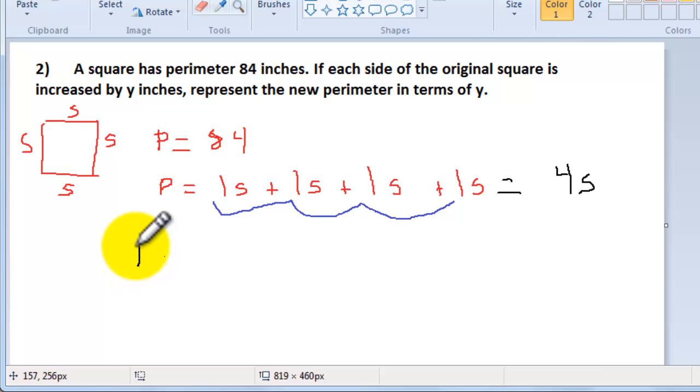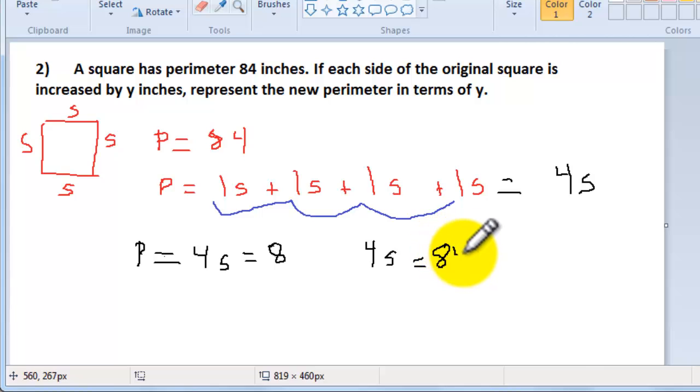If we know that perimeter equals 4s, and we're given a value of 84, then what we're saying is 4 times s equals 84. So you solve for s by dividing both sides by 4. And most people understood this.